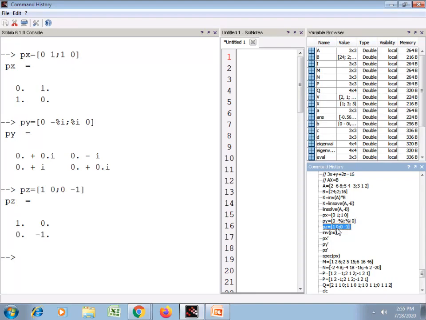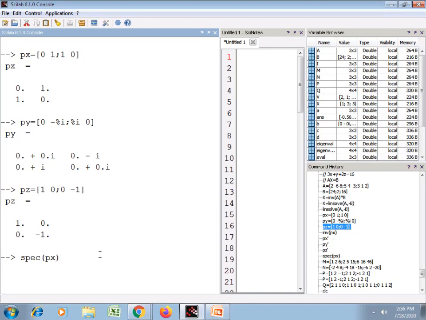And the third Pauli matrix is 1 0, 0 minus 1. So we know very well the properties of these Pauli spin matrices. So let's verify its properties with Scilab.